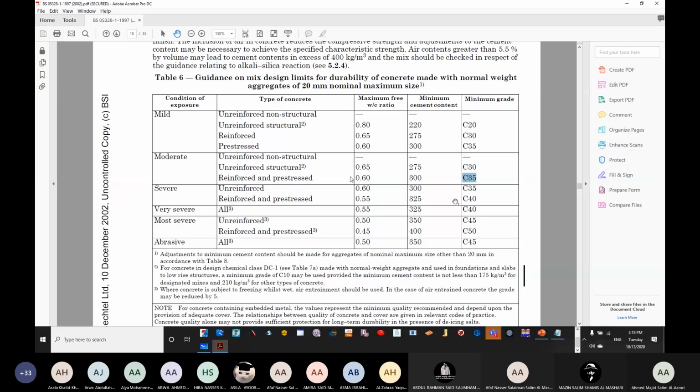Of course, you can use more, but this is sufficient. Severe and reinforced is going to be 40, and it goes on. Are we clear? Are we clear how would you choose the grade of concrete if it's not given in the question? This will help you in your project. In your project, do not come later saying that we don't know how to pick the grade of concrete.